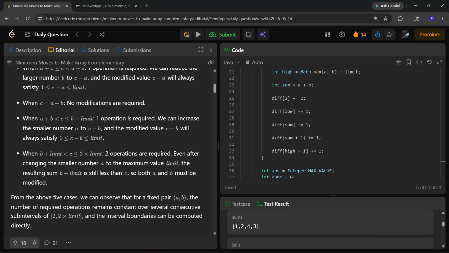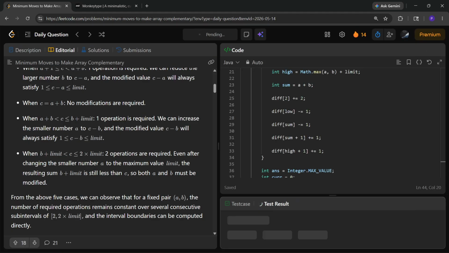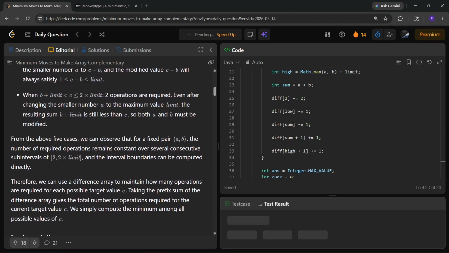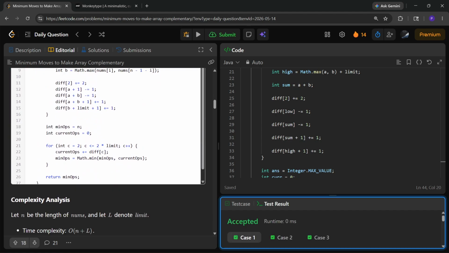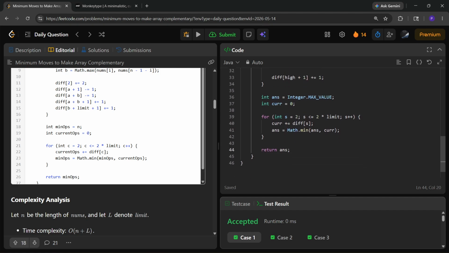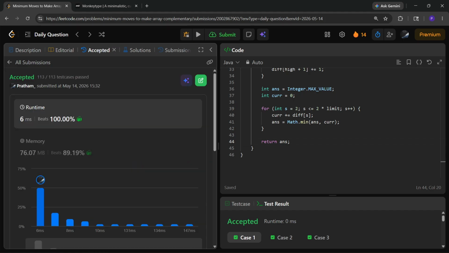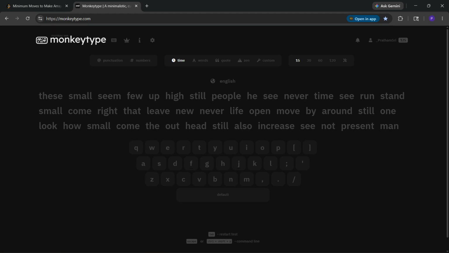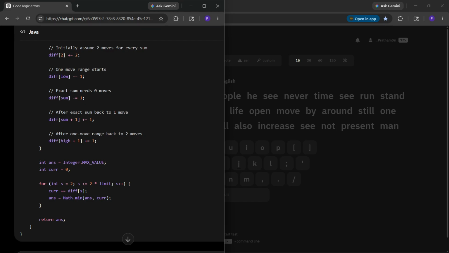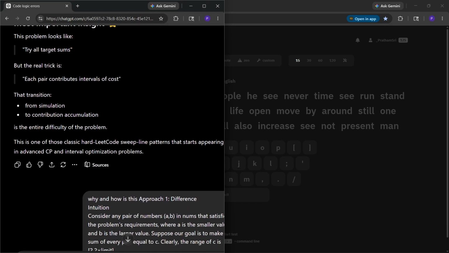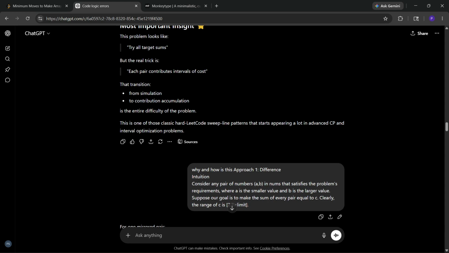I should spend some more time with the editorial. The question is, what am I even storing in the array?